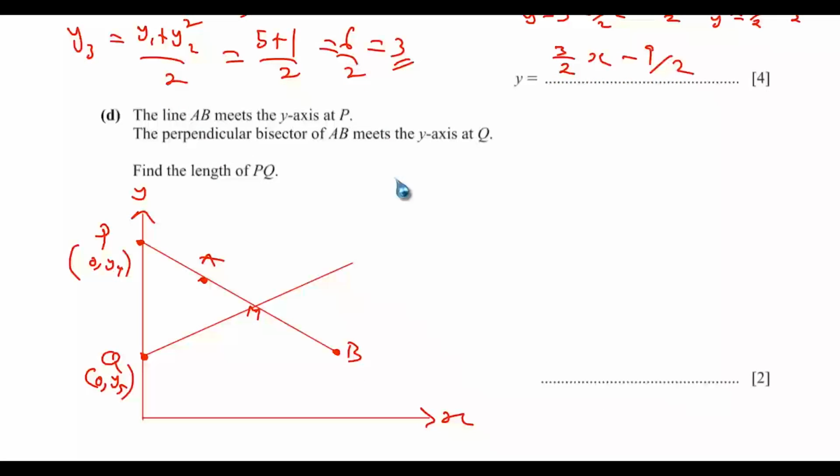Okay, equation of line AB is y equals minus 2 over 3 x plus 19 over 3.